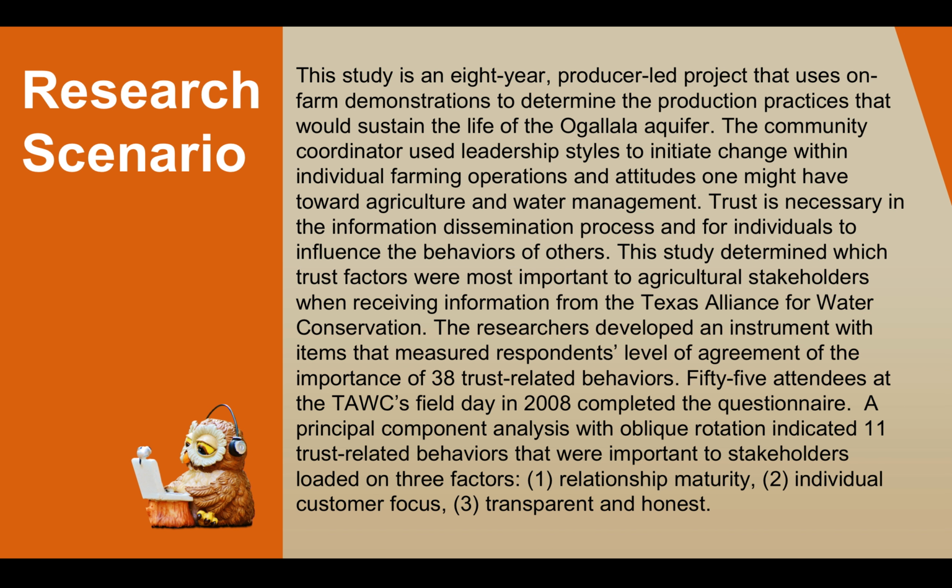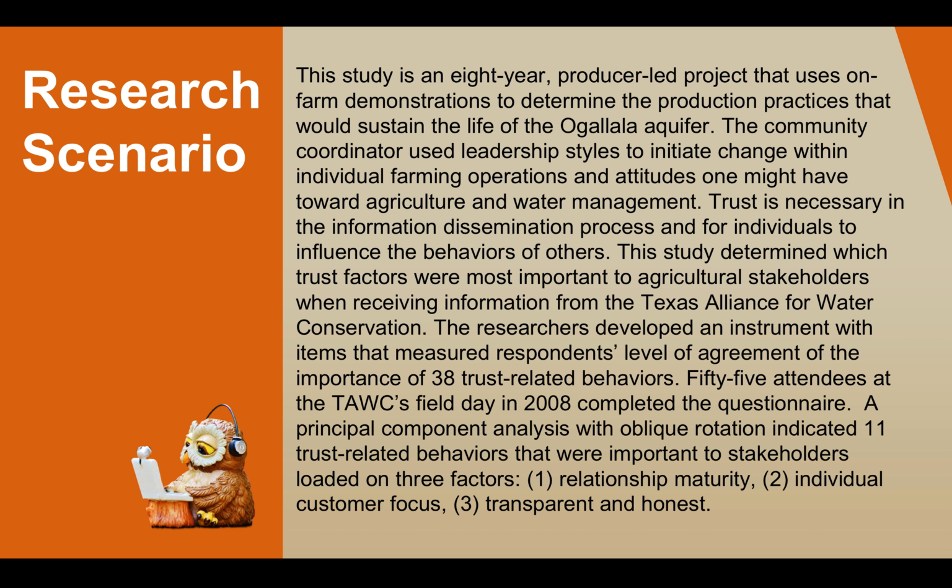For this lesson, I am going to use one particular scenario from 2010 in which I was a part of a study that was an 8-year producer-led project that uses on-farm demonstrations to determine the production practices that would sustain the life of the Ogallala Aquifer. The community coordinator used leadership styles to initiate change within individual farming operations and attitudes one might have toward agriculture and water management.